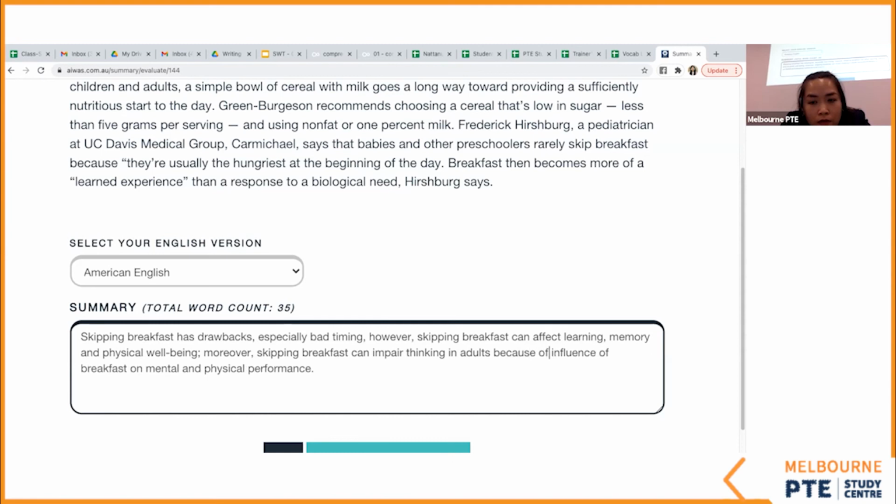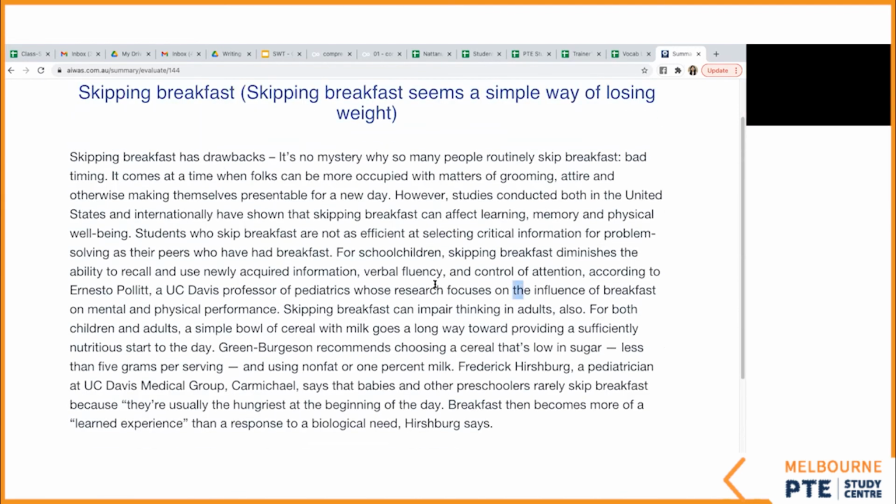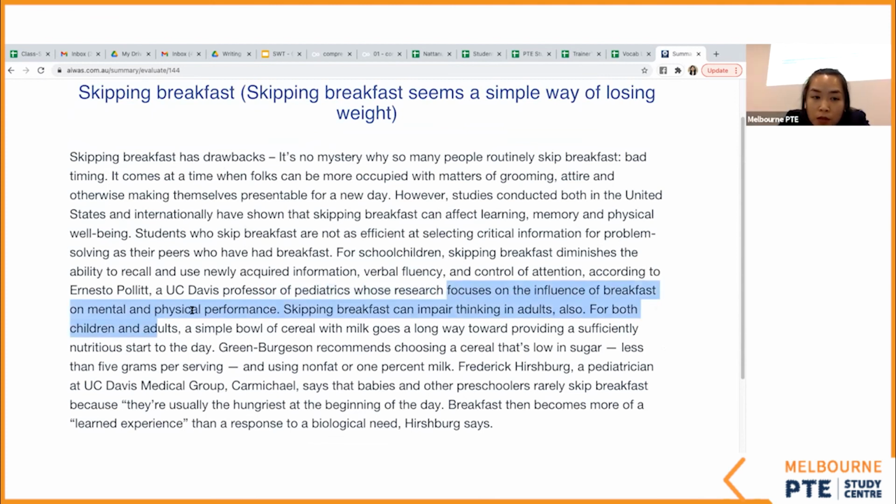Because of the influence of breakfast on mental and physical performance. What do you think? It also influences. They say it focuses on the influence of breakfast on mental and physical performance, and if you skip breakfast, it can impair the thinking in adults also. You see that? So that's why they connect to each other.